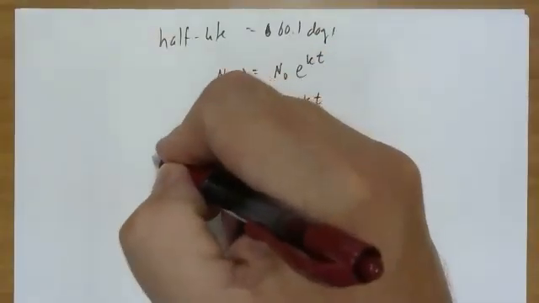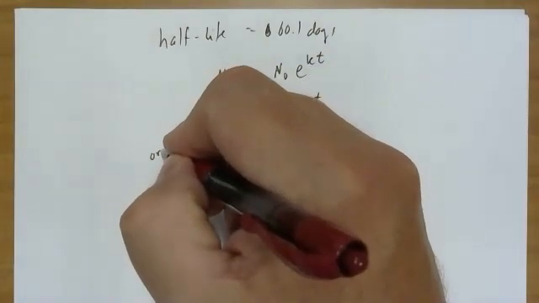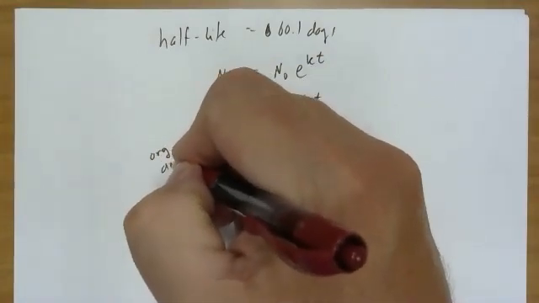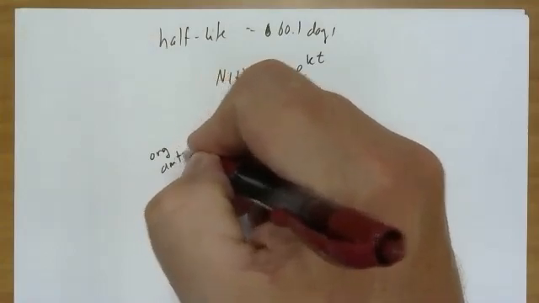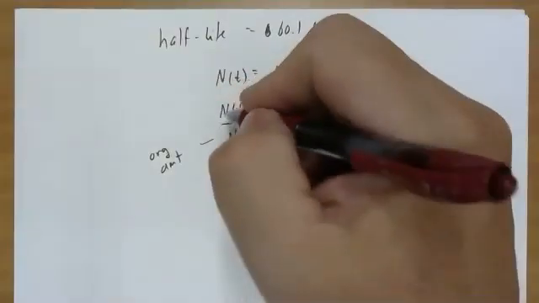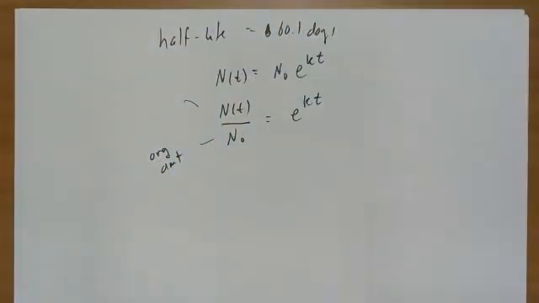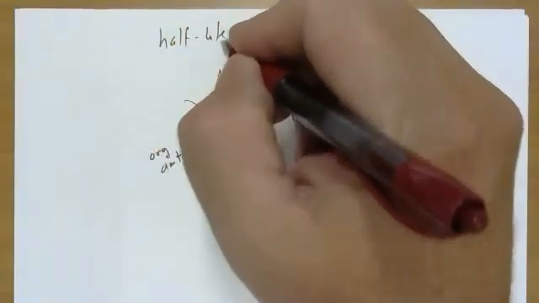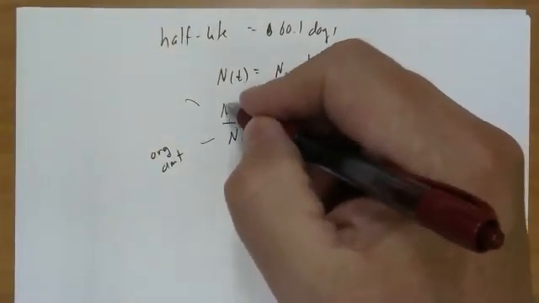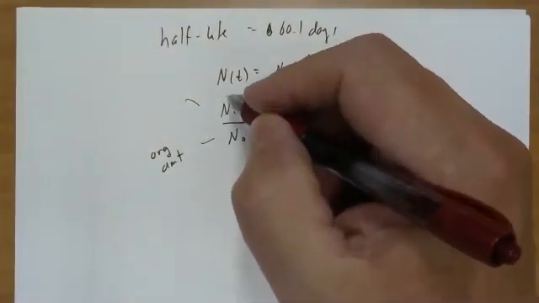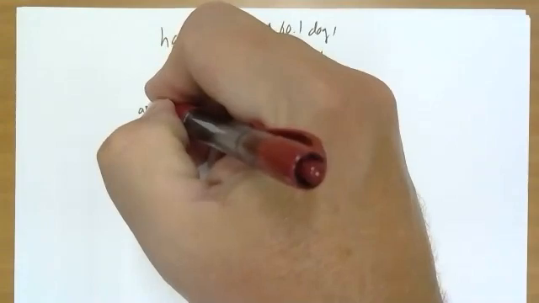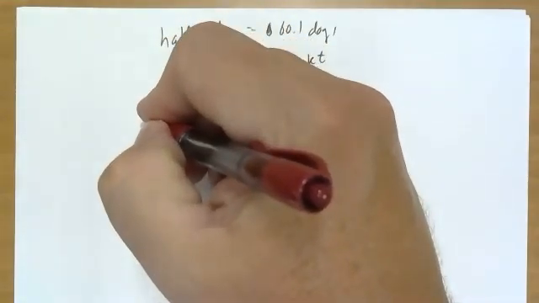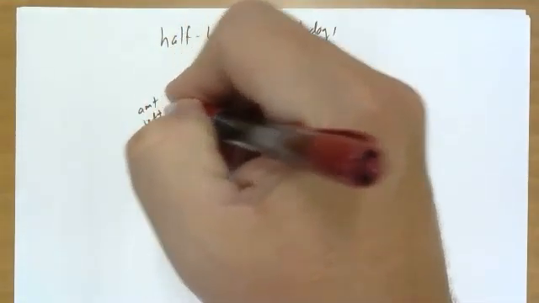This N naught is the original amount, or what I call the initial amount. And in this case, because we're talking about a half-life, this is the amount left.